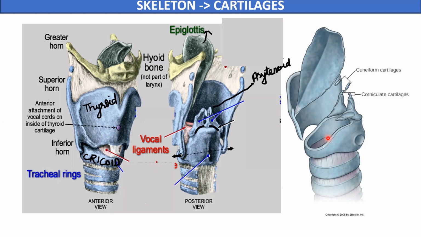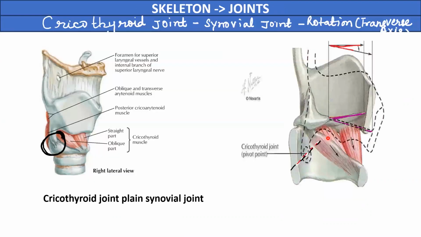First we will study the cricothyroid joint. Now, this cricothyroid joint is present between the inferior cornu of the thyroid cartilage and the outer surface of the cricoid cartilage. The movement which is possible around this plain synovial cricothyroid joint is rotation around the transverse axis.